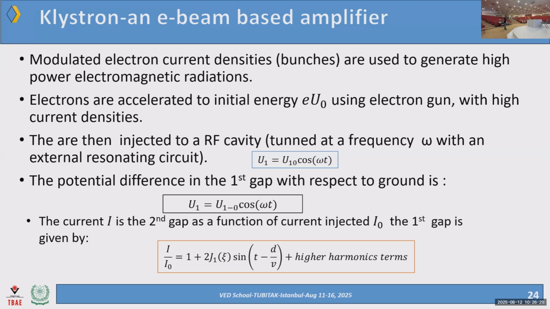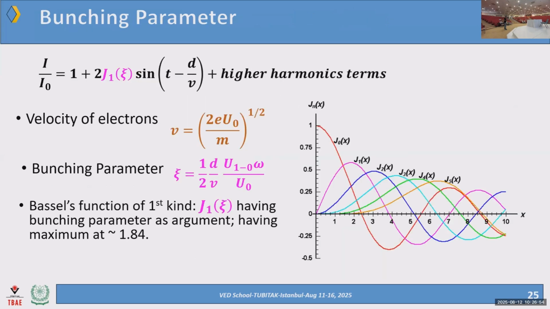Once that bunch passes through the gaps, the current which is injected and the current which is felt in the second gap is basically a function of this, what you call chi, I don't know, psi, okay, thank you, psi. What is this? This is very important. This is basically the argument of the first order Bessel function of the first kind.